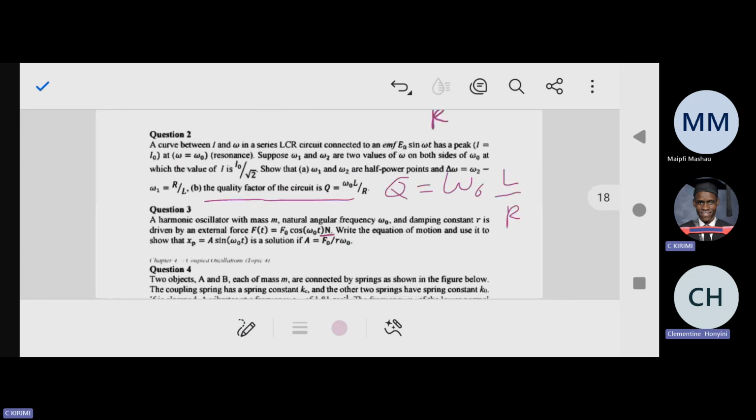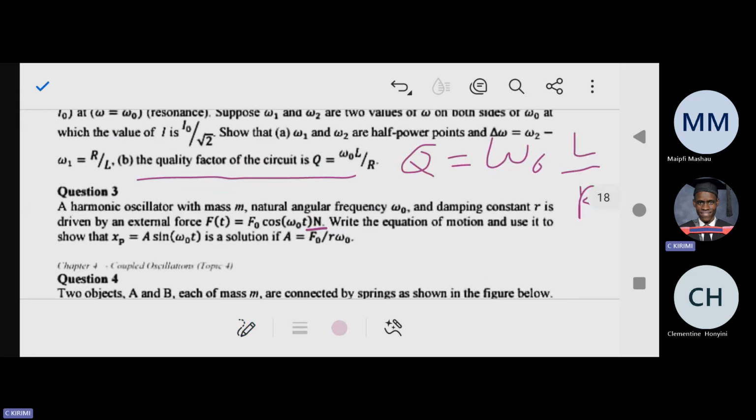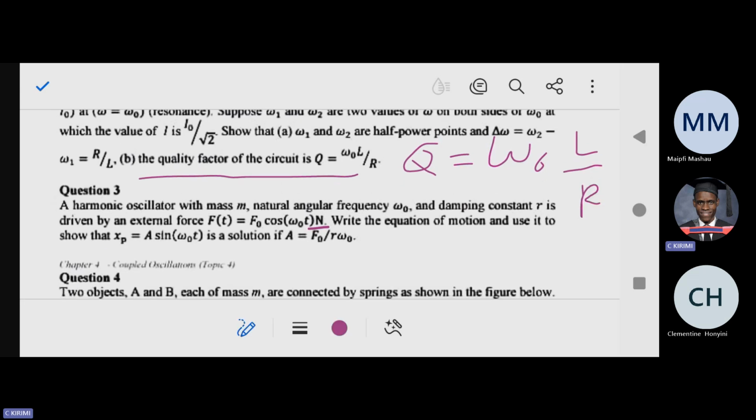Write the equation of motion and use it to show that xp equals A sine omega t is a solution if A is equal to F naught over R W naught. So you are going to use your knowledge of differential equations for a particular solution.